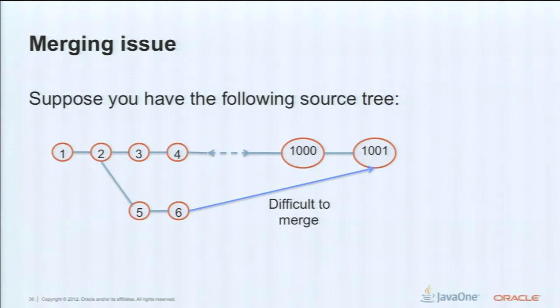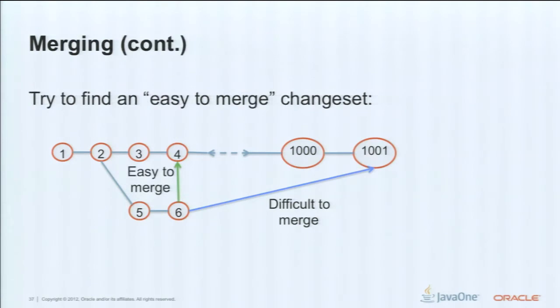And after that they had a problem: how to merge change set number 6 and change set number 1001. For example, they have so many conflicts that it's really hard to resolve, and this is the dilemma, how to merge change set number 6 and change set number 1001 effectively without spending a lot of time resolving conflicts. So the first recommendation is to find a change set which is easy to merge.